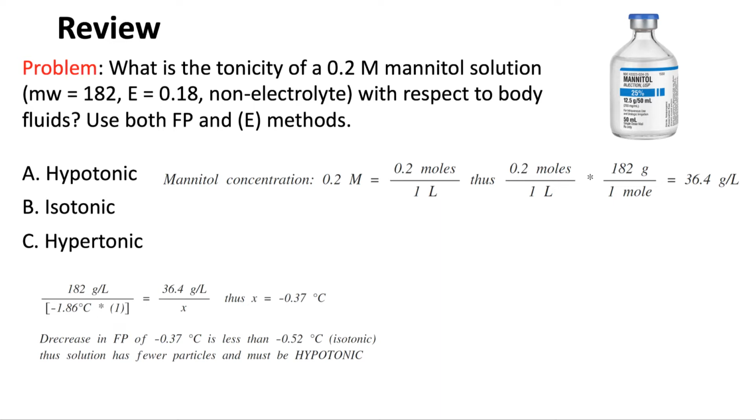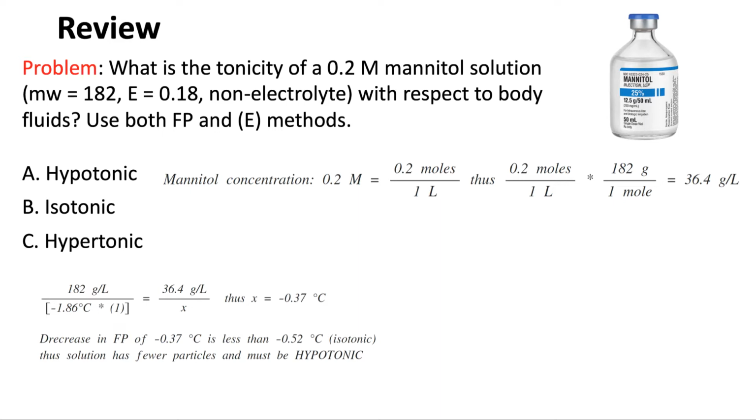Now we need to evaluate that number, and this is the other thing you need to memorize, which we emphasized in the last lecture: an isotonic solution freezes at negative 0.52 degrees Celsius. So to compare and determine tonicity, we have to compare our value to the negative 0.52 degrees Celsius for isotonic.